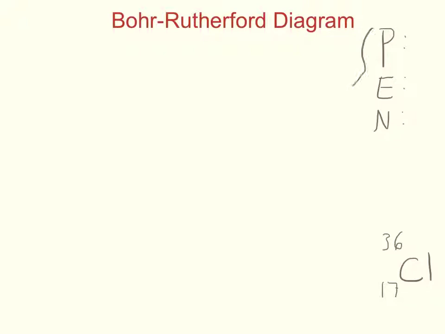This is how to draw a Bohr-Rutherford diagram. To start, you need to know 3 pieces of information. These are called the subatomic particles, which are the protons, electrons, and neutrons.